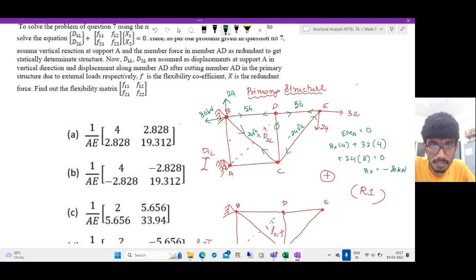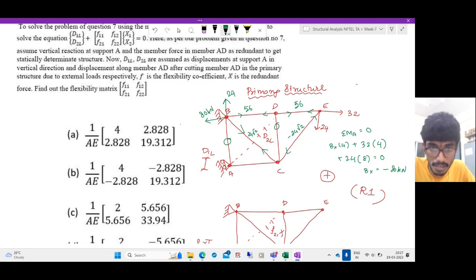What will be the horizontal force in this member? It will be 0. Sorry, the force in the member AB is 0. And here, what will be the force? So 80 is already taken back.